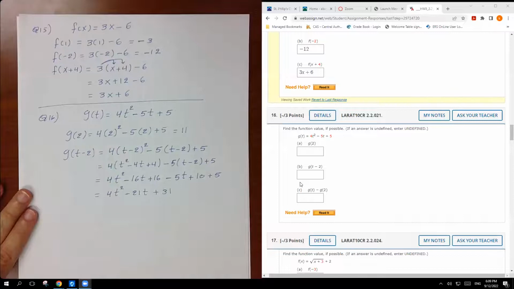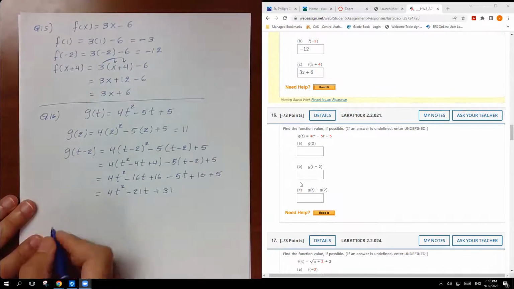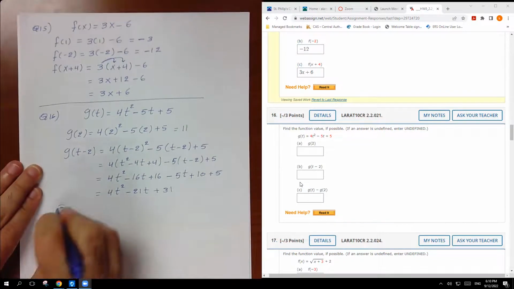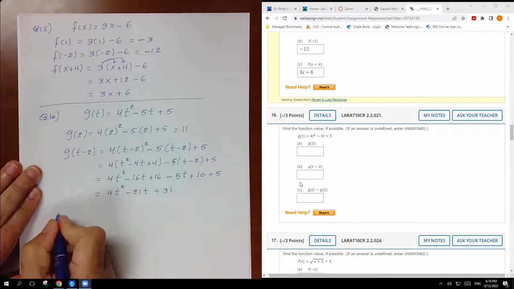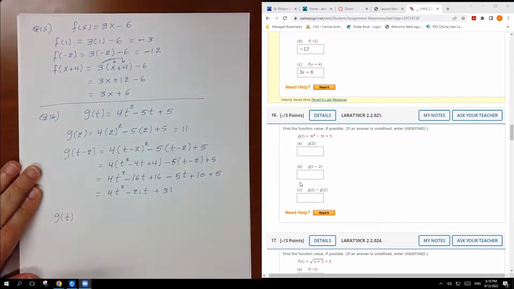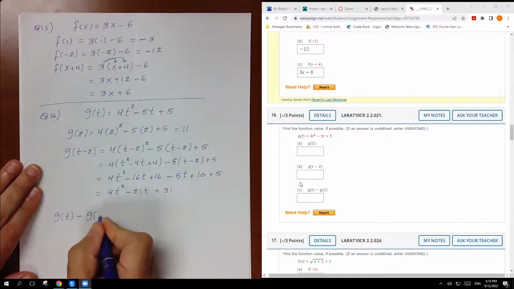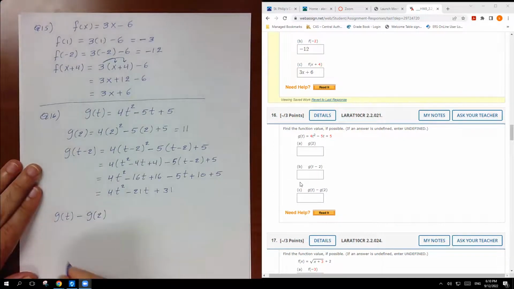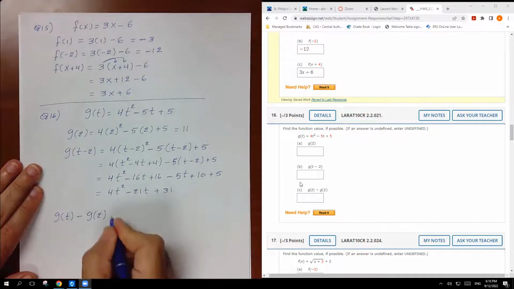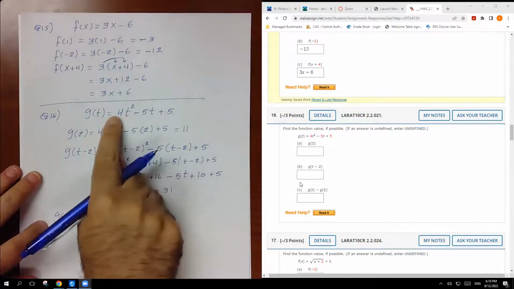Now the next step, they ask you to find g of t minus g of 2. Let's check that, because we already have g of t, which is this equation.